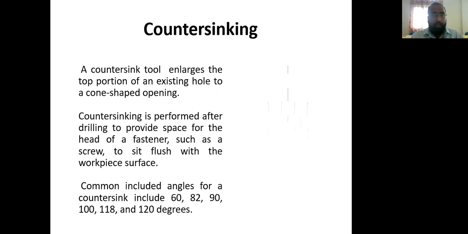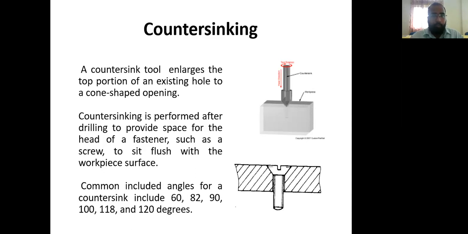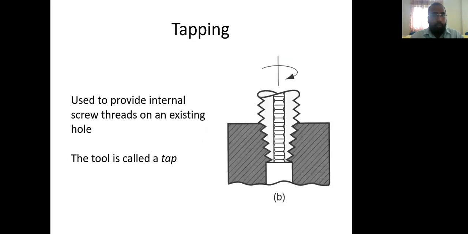Next, countersinking is making a conical or wedge shape, a cone shape at one end of the workpiece. Already I do a drilling operation, and then if I want a countersunk hole at one end of the workpiece, I use a countersink tool. Countersinking parts may appear like this. You're looking at this, right? So this is countersinking.